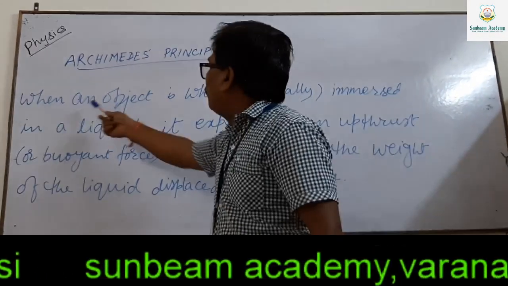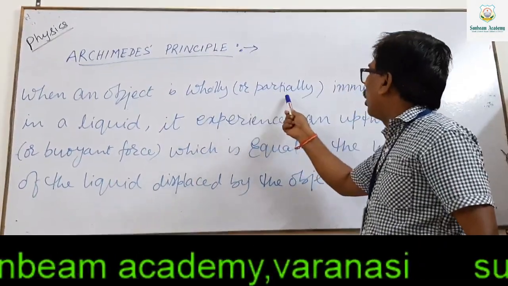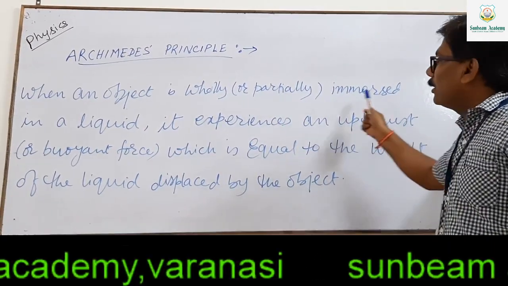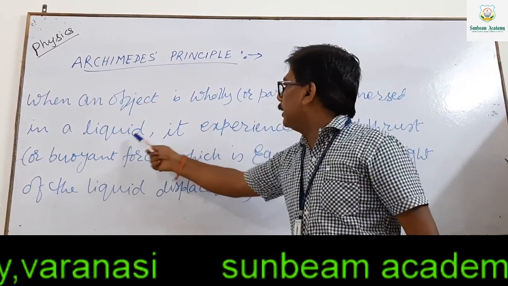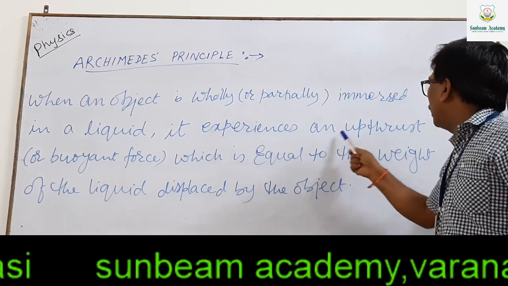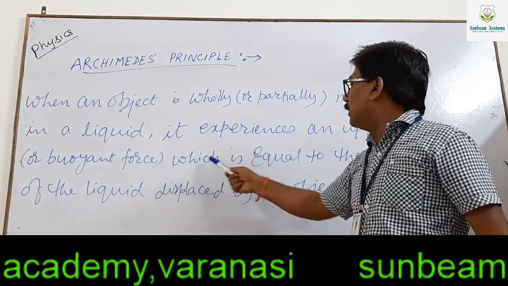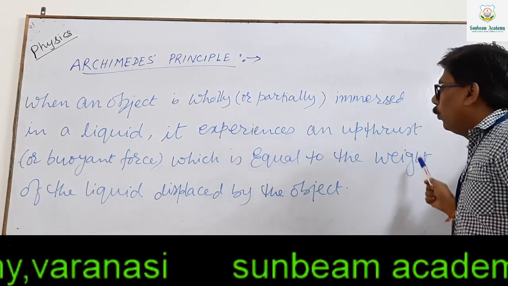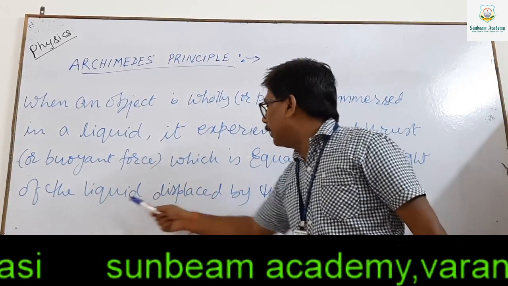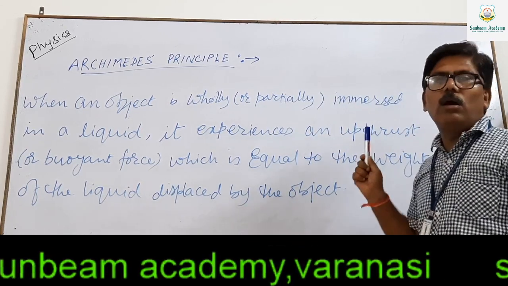When an object is wholly or partially immersed in a liquid, it experiences an upthrust or buoyant force which is equal to the weight of the liquid displaced by the object.